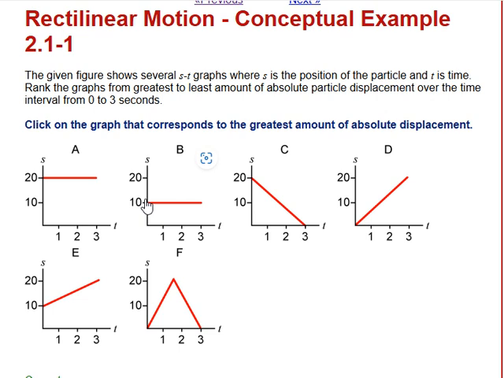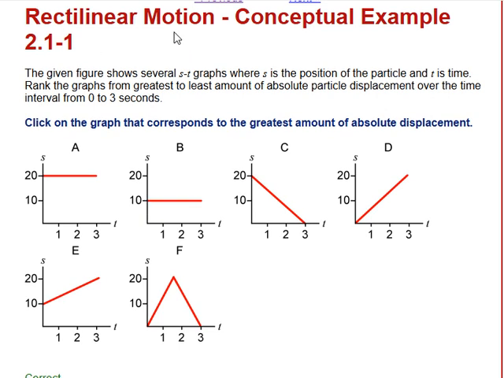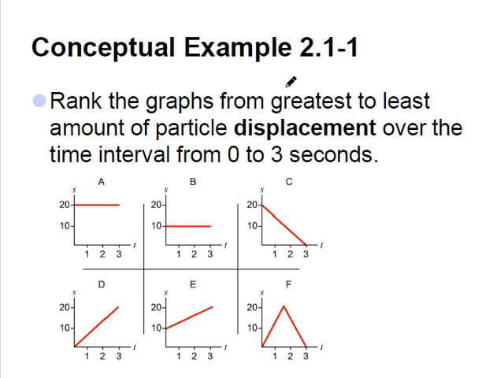It's right here, rectilinear motion, conceptual example 2.1-1 in your lecture handout. This is the same example that you have to look for in your workbook, conceptual example 2.1-1. So you're going to rank the groups, and that's our problem.